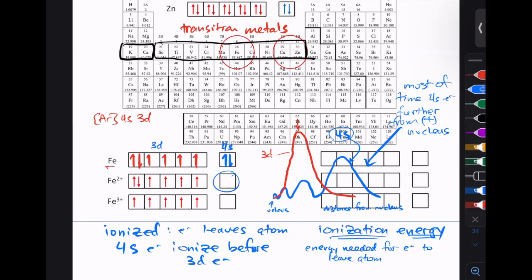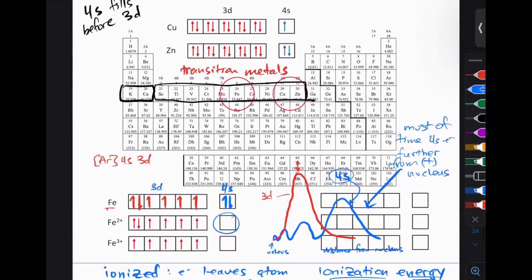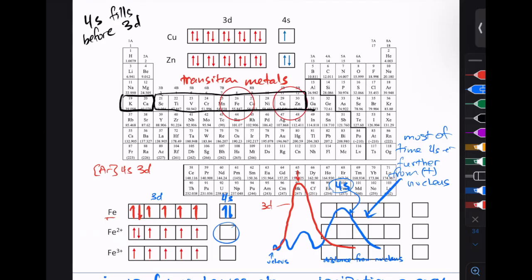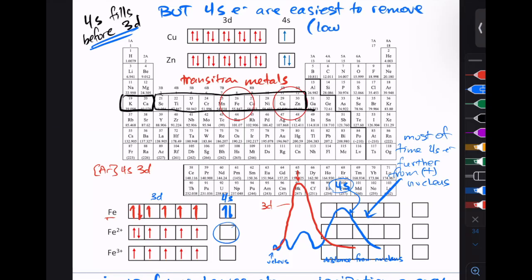If we were at n equals 5, then we'd be having the same discussion about the 5s and the 4d electrons, or the 6s and the 5d electrons. So it's curious. 4s fills before 3d, but 4s electrons are easiest to ionize, easiest to remove. So they'll have a lower ionization energy.